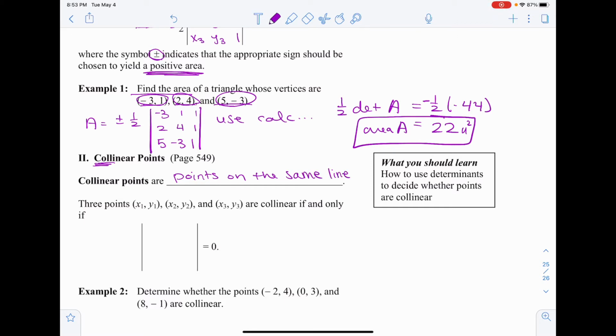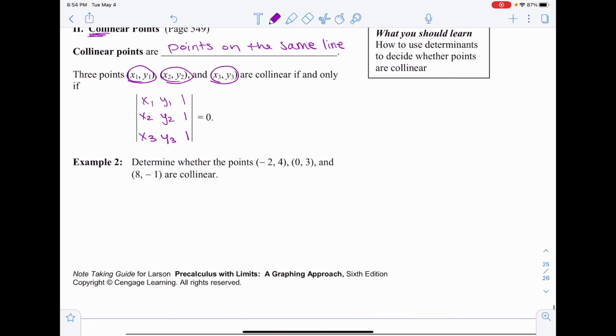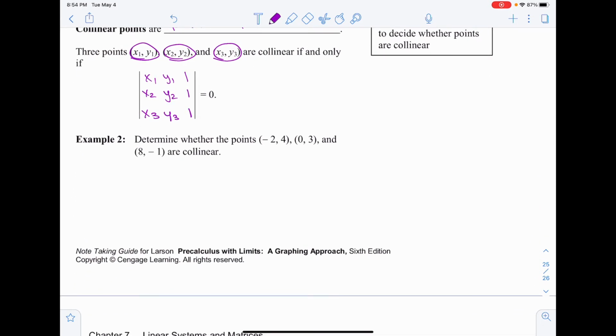Okay, so for example, if these are the points x1, y1, x2, y2, and x3, y3, they're collinear if and only if the determinant of x1, y1, 1, x2, y2, 1, and x3, y3, 1 equals 0. So basically, you're going to take the determinant of this and just verify to make sure it equals 0.